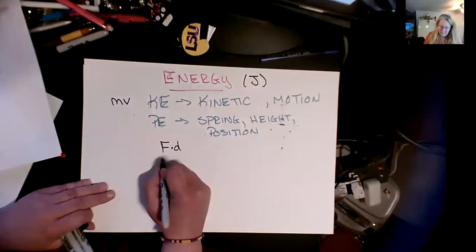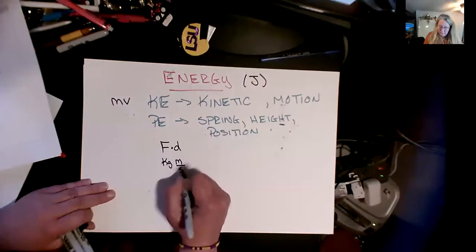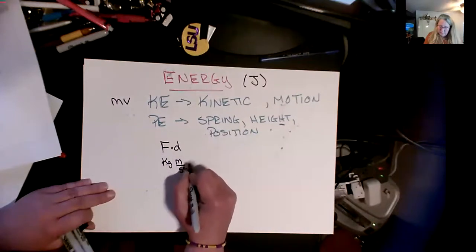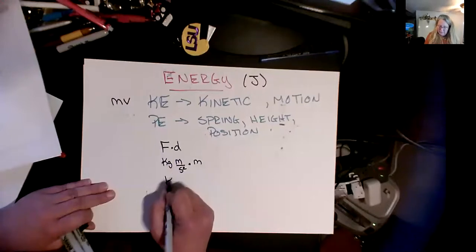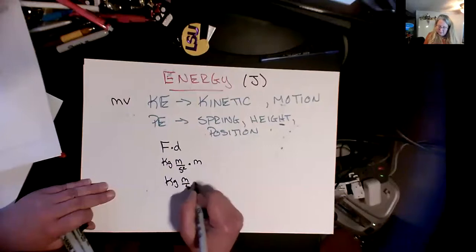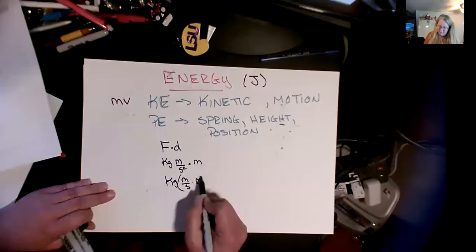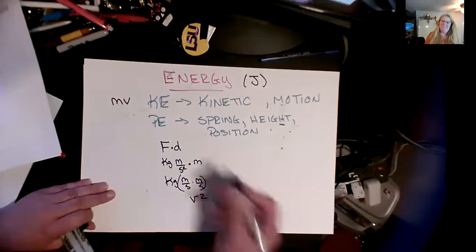And a force, so I have kilograms, meters per second squared times meters. I kind of played around with that. At one point I went kilograms, meters per second, doesn't this look like velocity squared? Indeed.